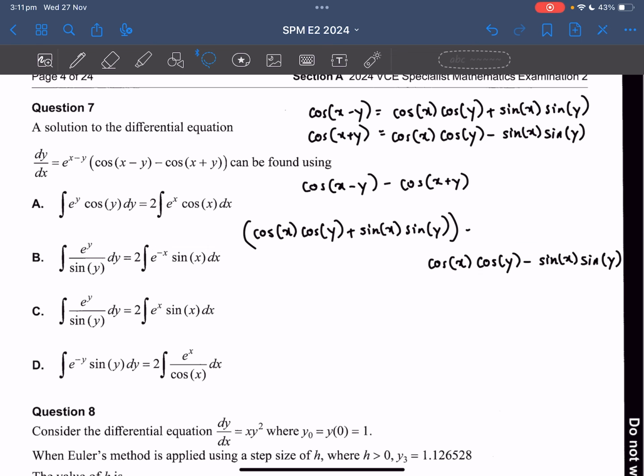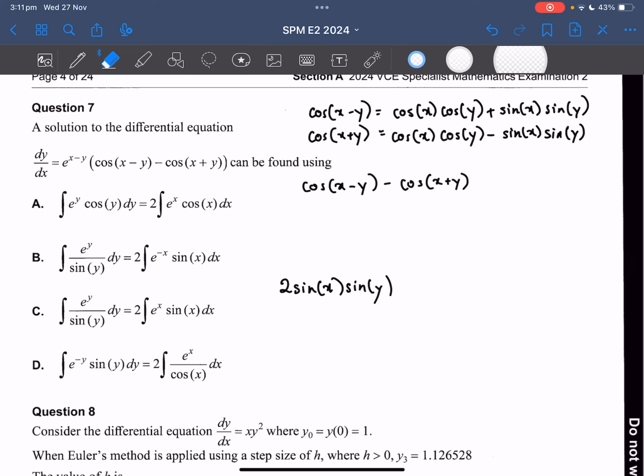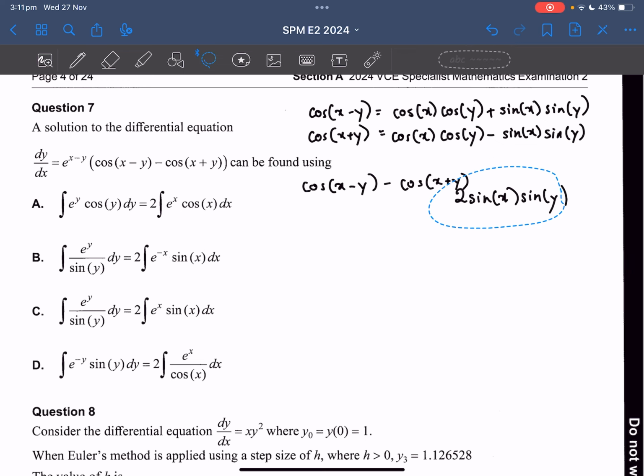Well, yeah, you get the point, right? I can't fit it in, but anyway. Okay, so if I were to subtract this, these terms would be gone. So that leaves us with 2 sine x sine y. Okay, so let's erase all of this to get some more working out space.